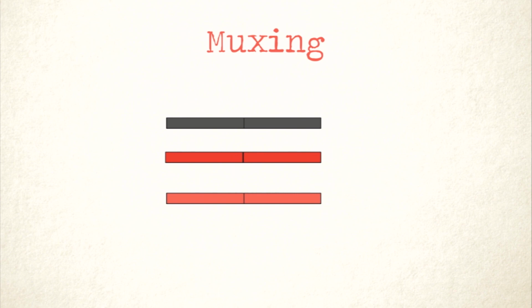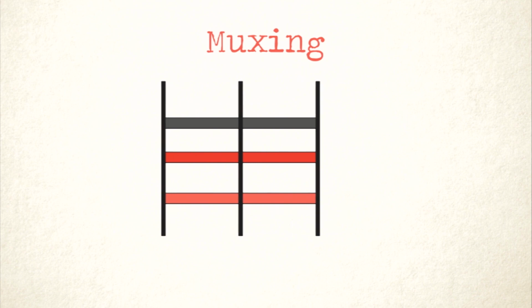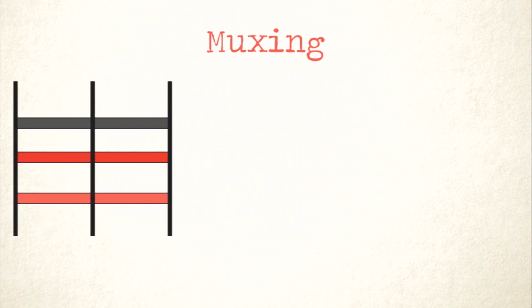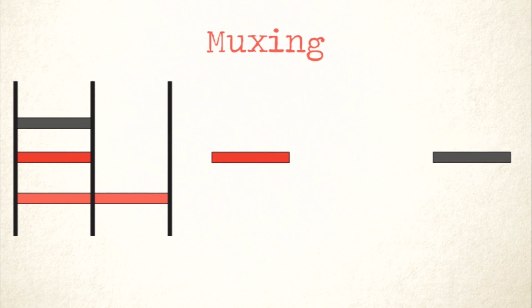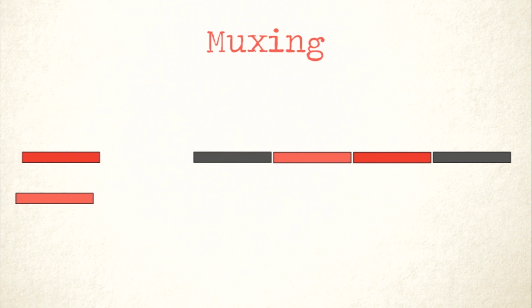To take these three pieces of data and mux them together, we first chop each piece of data into packets. Then we place the first packet of the first piece of data on the output. Then we place the second packet from the second piece of data on the output. And then we place the first packet of the third piece of data on the output. We repeat this for each packet.